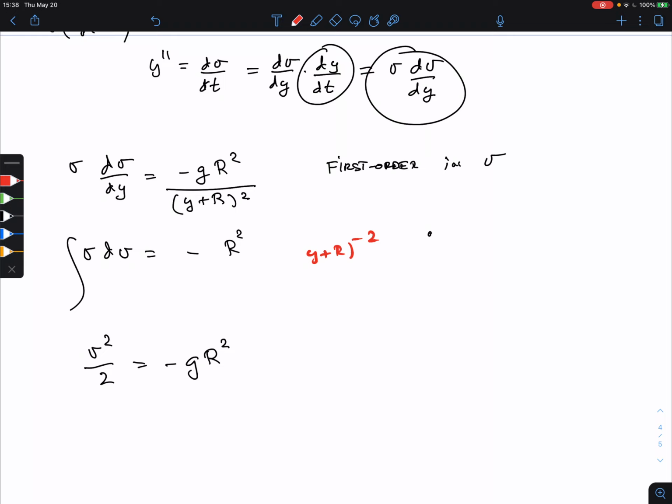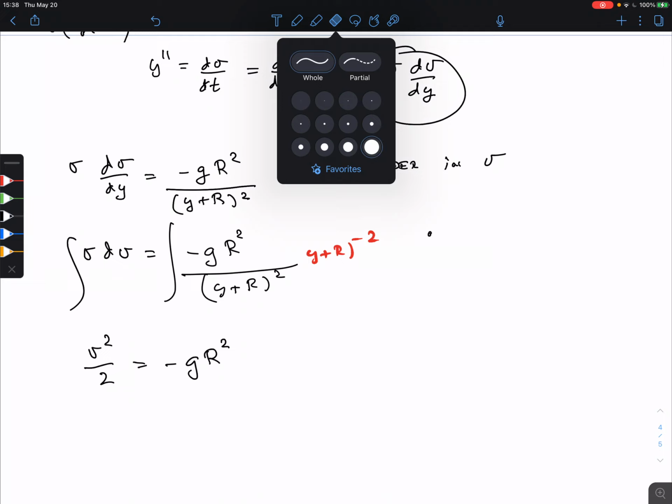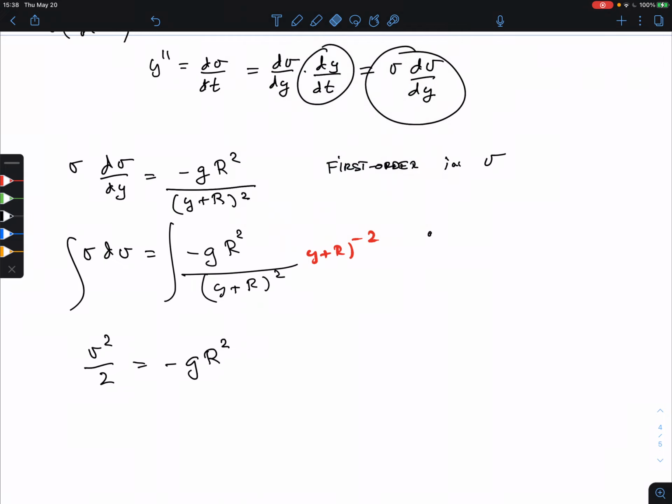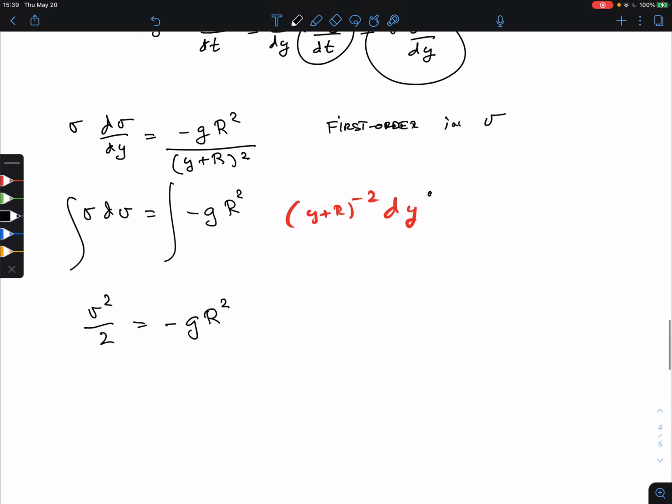I put this too big, so I'm getting rid of this thing. Okay, now I'm good, dy. Now I can do the power rule on this, although it's not y, it's y plus r. We know that this little linear thing doesn't make a difference here. So by the power rule, we add 1 to the exponent and divide by that exponent.